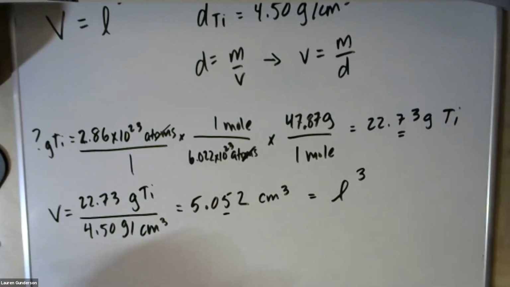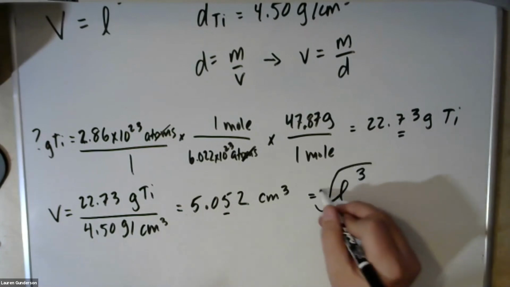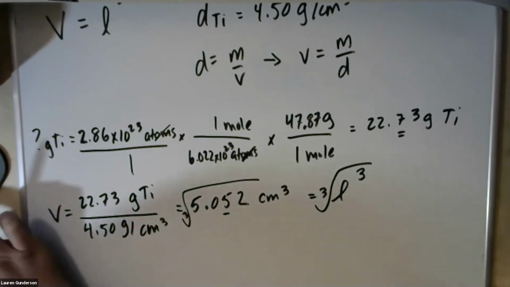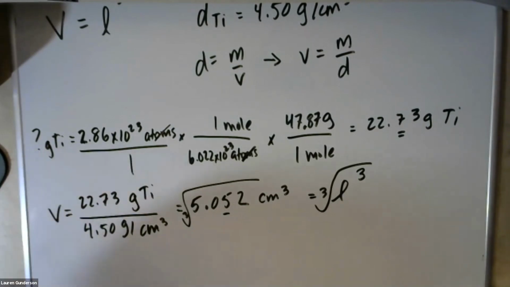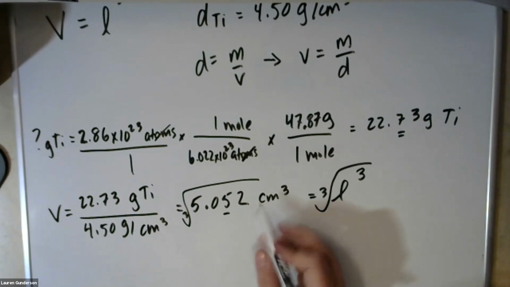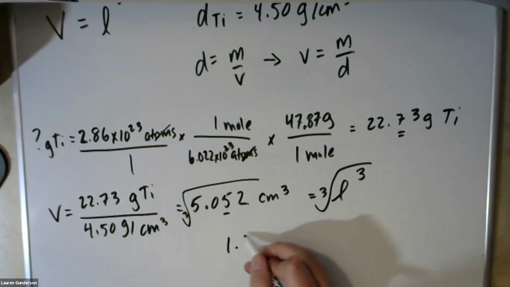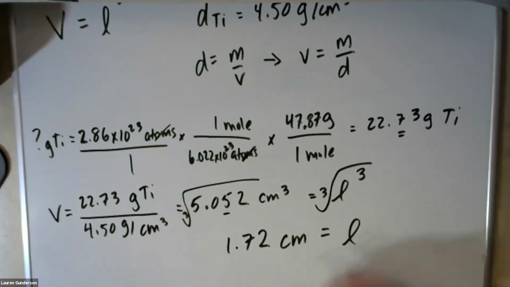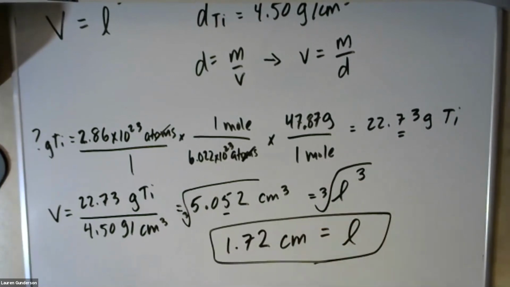So at this point, if we take the cube root of the volume, we are going to get the edge length. The cube root of 5.052 is 1.72 centimeters. And that is the distance of the edge length of the cube that we're looking at here.